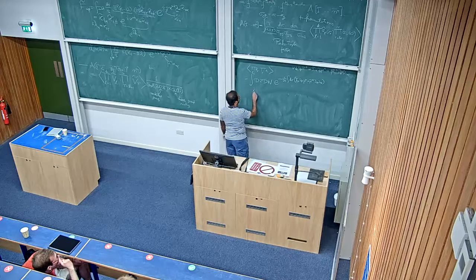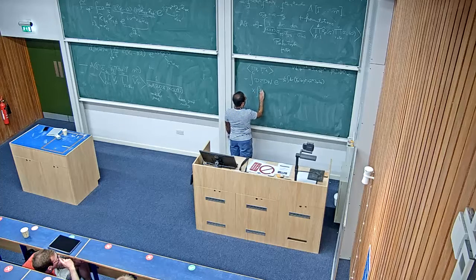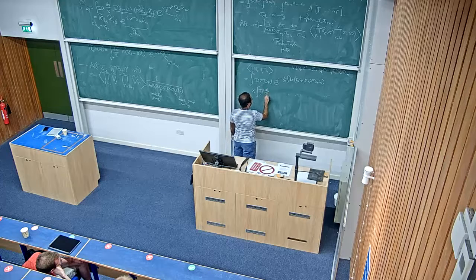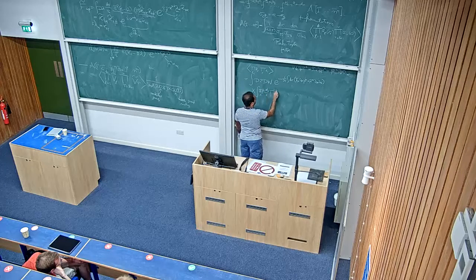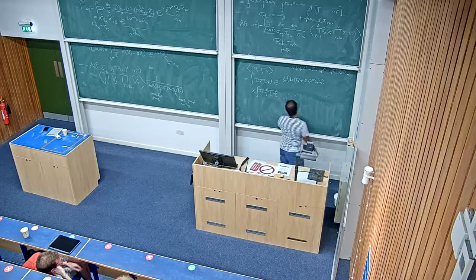So you get the integral of the product over L of ds L over S L, and the product over R of ds R over S R. These are your integrals, but you can forget about them.